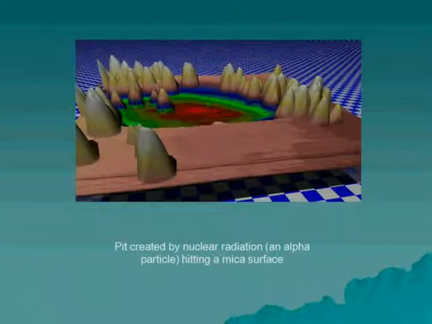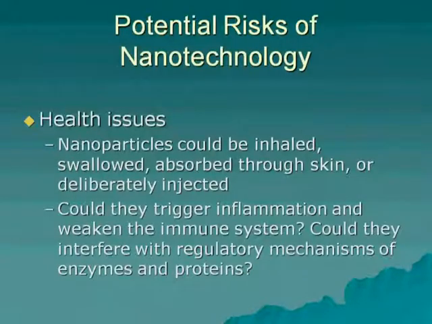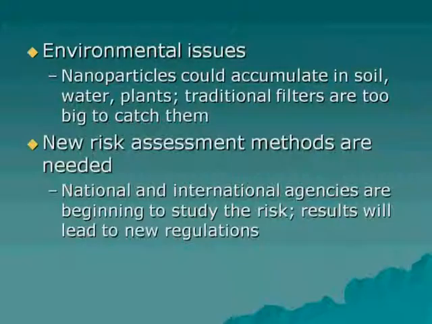Pit created by nuclear radiation hitting a mica surface. Nanoparticles could be inhaled, swallowed, or absorbed through the skin. They can also affect the immune system. Environmental issues: nanoparticles could accumulate in soil, water, and plants. Additional filters are too big to catch them.